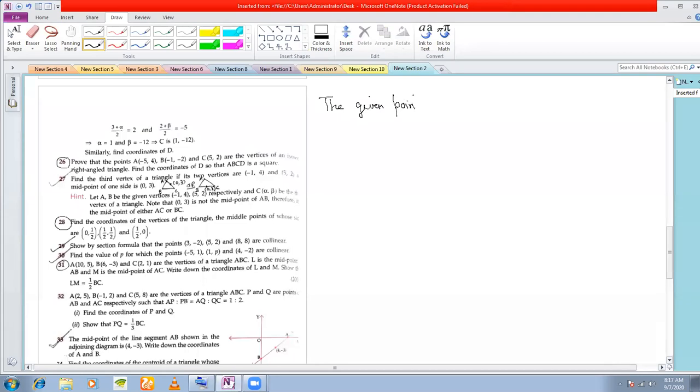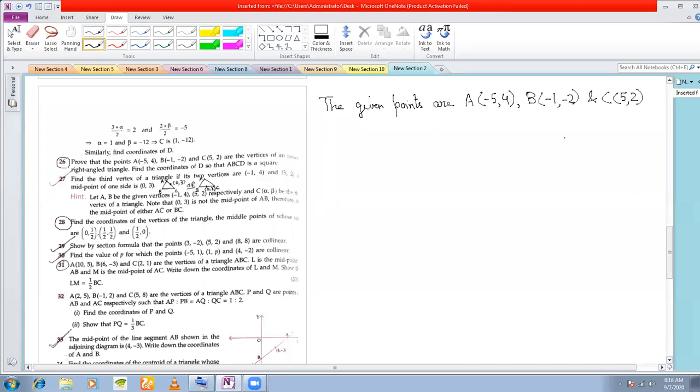What is an isosceles right-angled triangle? A triangle in which two sides are equal. And what are those two sides? Those two sides cannot be the hypotenuse. Those two sides can never be the hypotenuse.